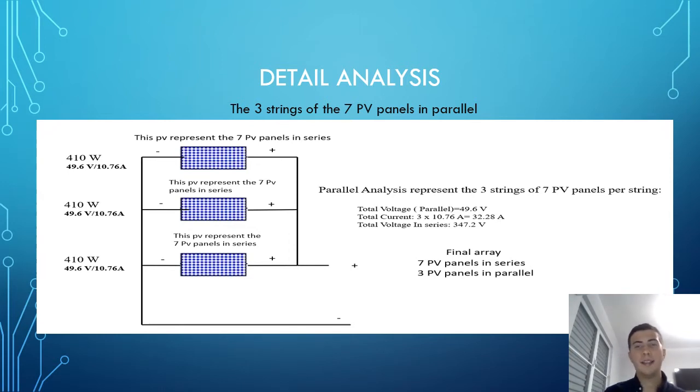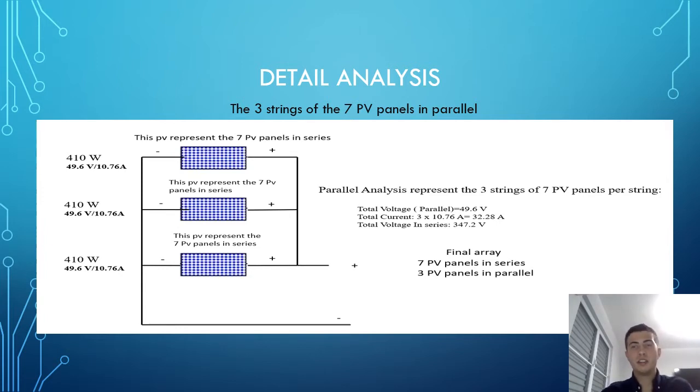Applying the law of Ohms, the total current is added, that is for the 3 strings in parallel, 10.7 amperes, that is the total current in parallel, are 32.28 ampere.